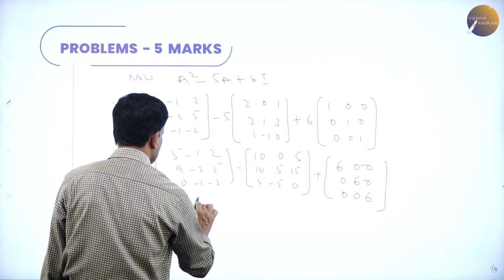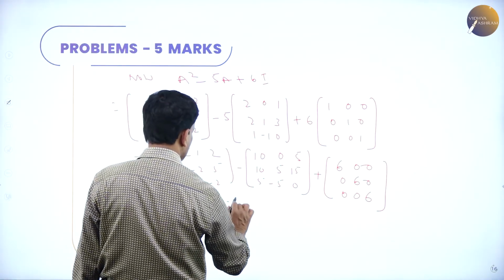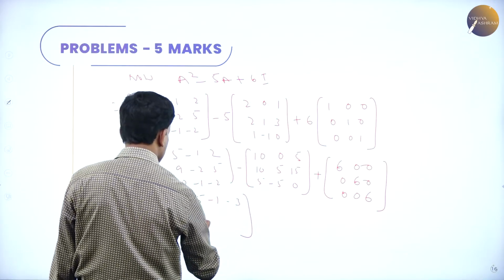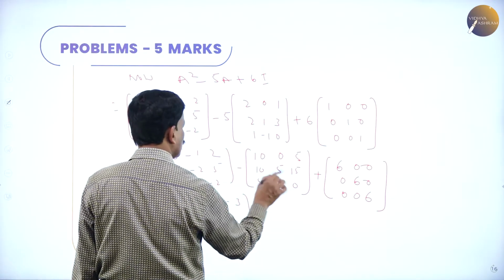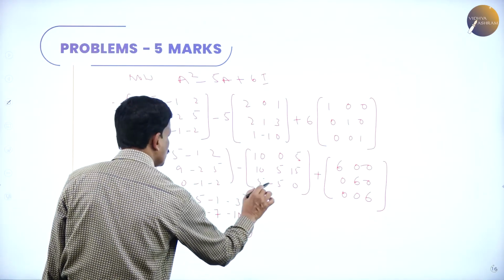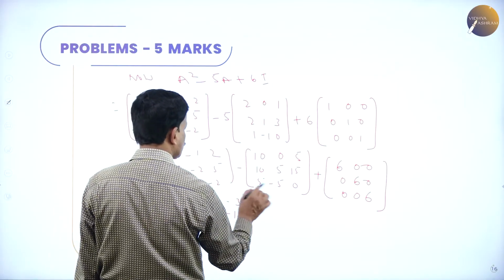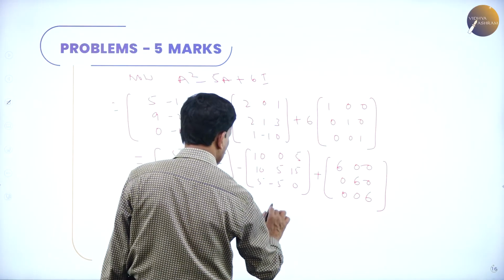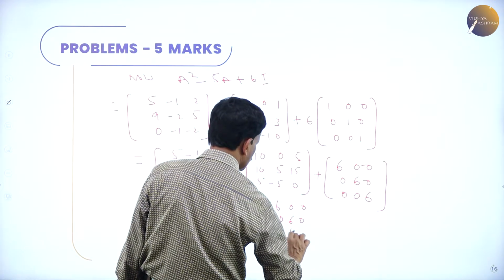5 minus 10 is minus 5, minus 1. Again 2 minus 5 is minus 3, 9 minus 10 is minus 1, minus 2 minus 5 is minus 7, 5 minus 15 is minus 10, 0 minus 5 is minus 5, minus into minus is plus, 5 minus 1 is 4, and minus 2 minus 0 is minus 2. Plus the same 6 0 0, 0 6 0, 0 0 6.